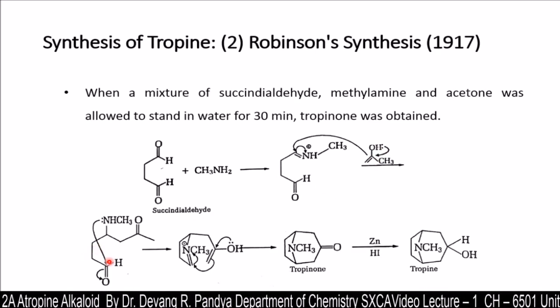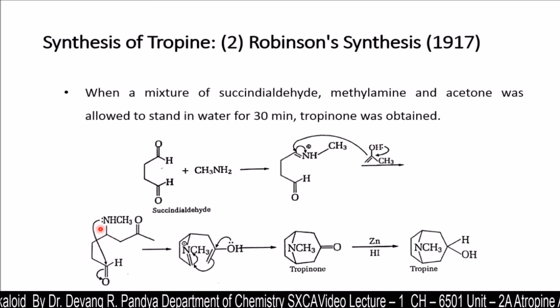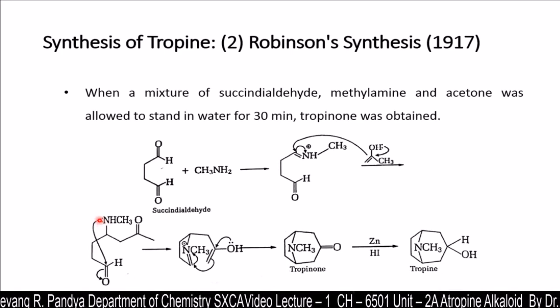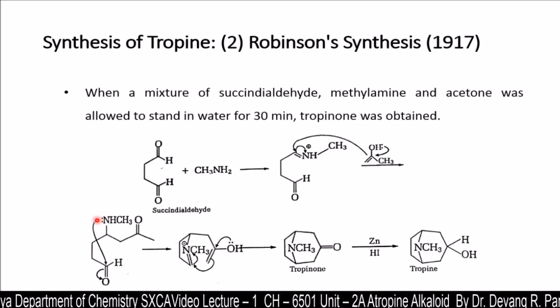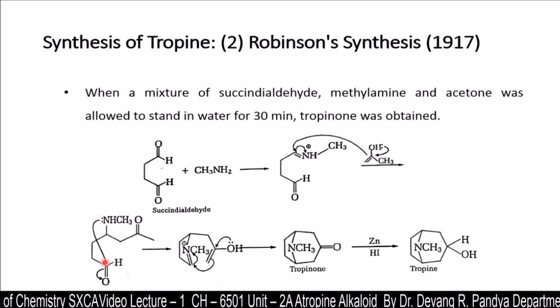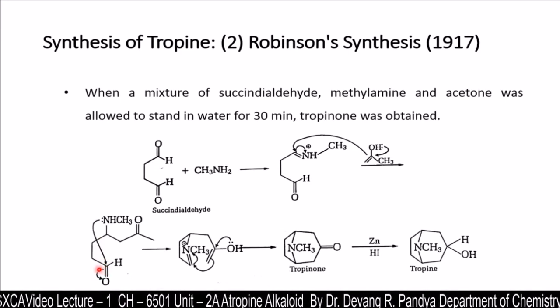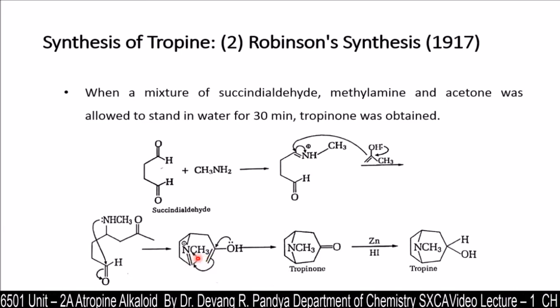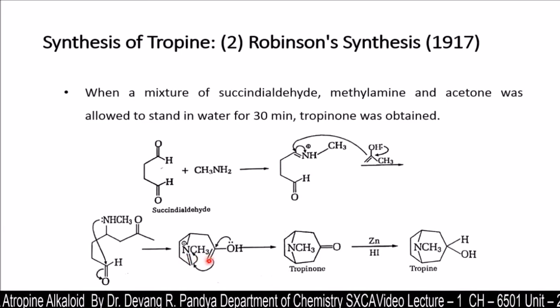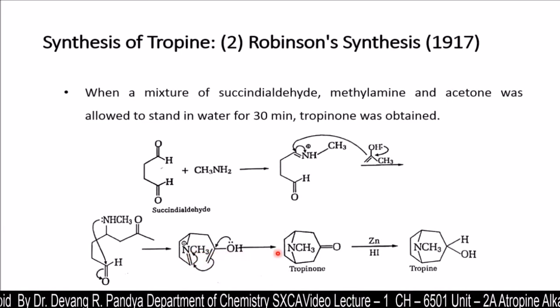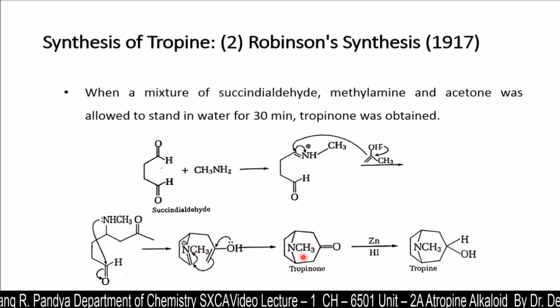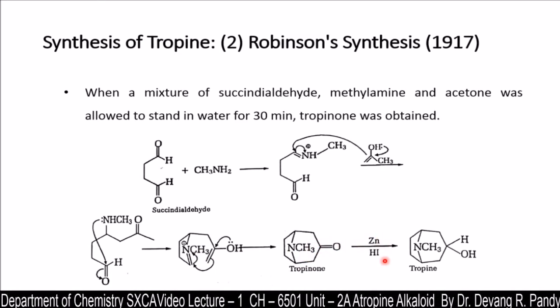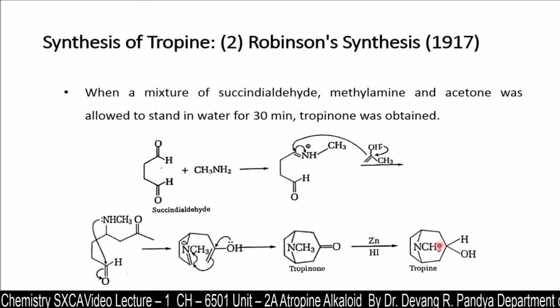We're going to get this derivative where the free unpaired electron of nitrogen is donated to this double bond, where the pi electron shifted onto oxygen will give us this dialkene, which on cyclization will give us tropinon. Tropinon treated with zinc dust followed by hydroiodic acid will give us tropine.